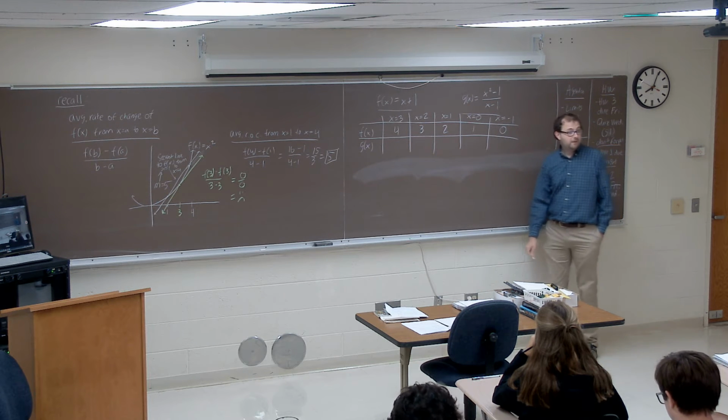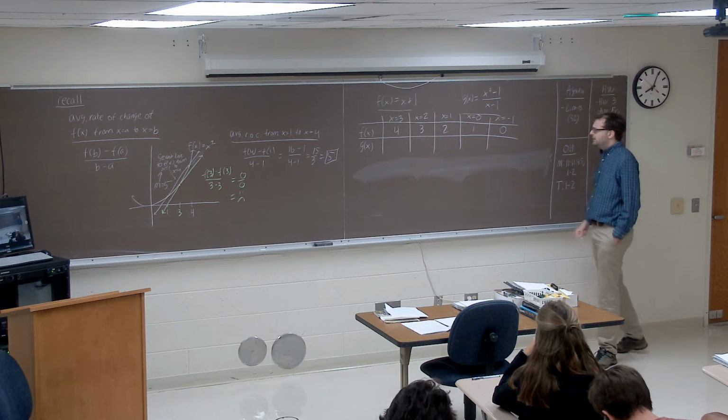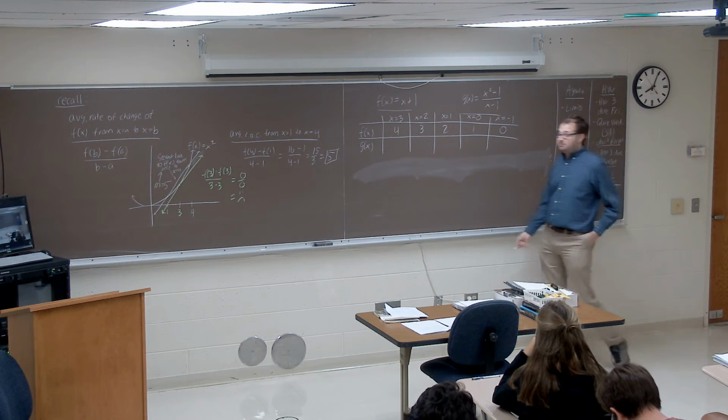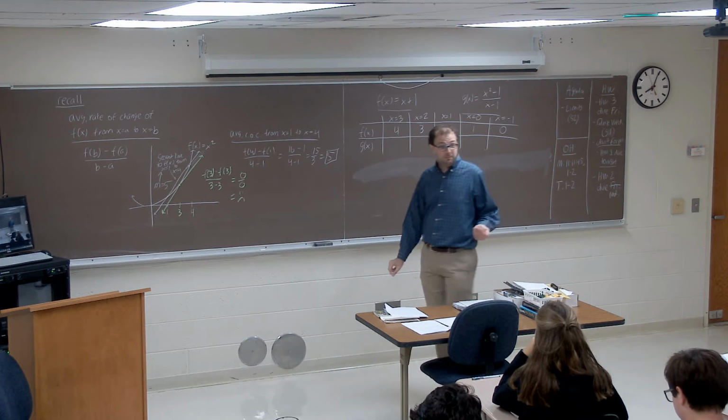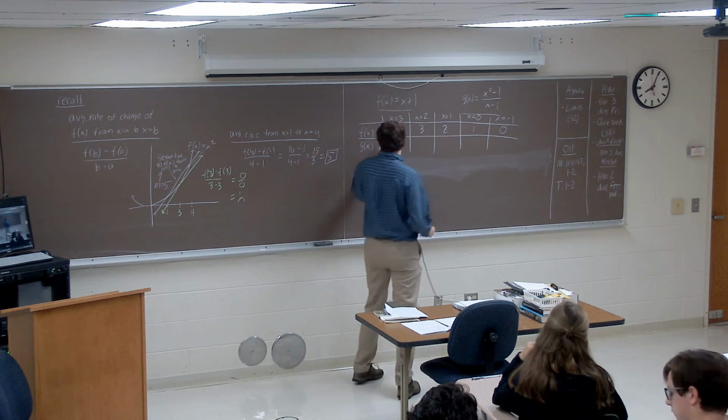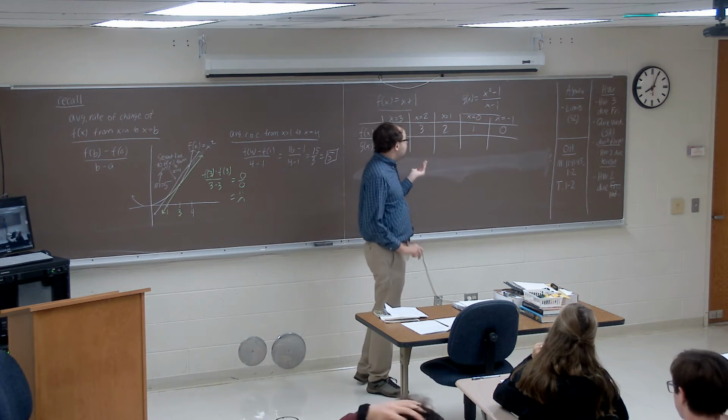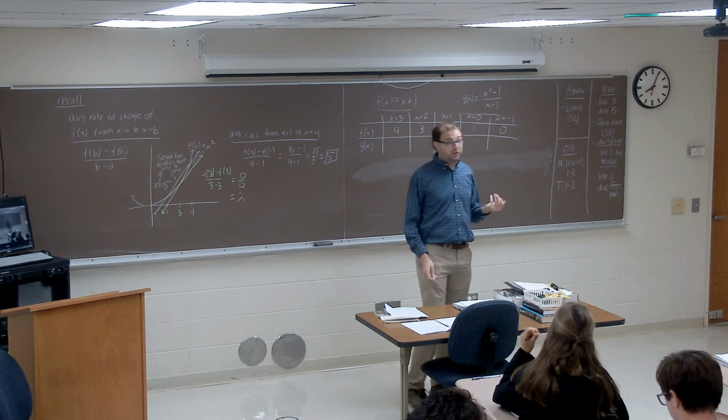Everybody on board with that? f of x is pretty straightforward. It's a linear function. No matter what you plug in for x, your output's just going to be 1 greater.